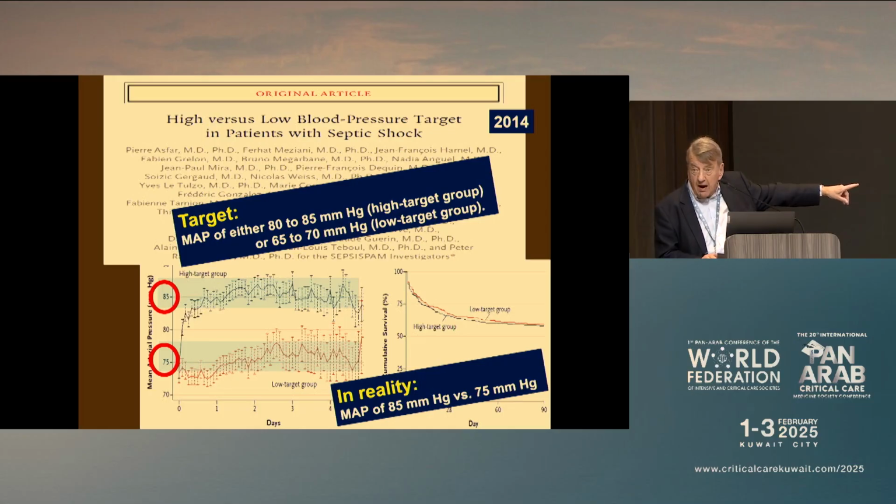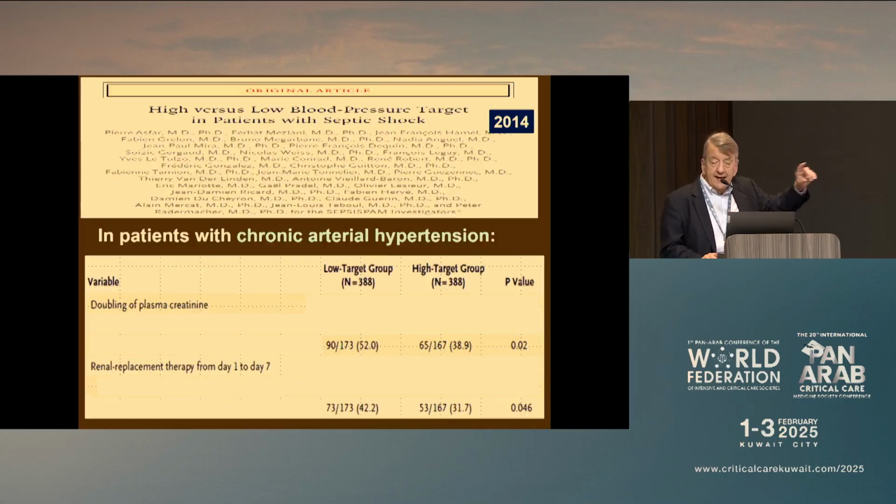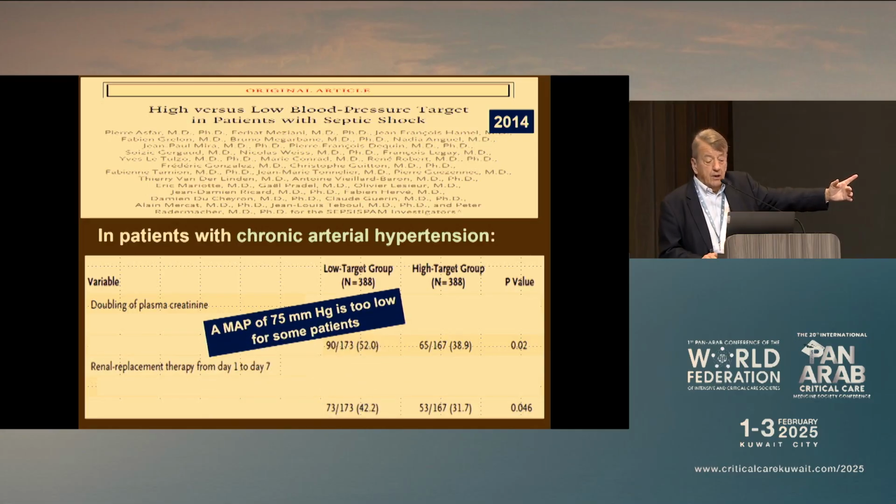You can see it on the graph, on the figure of the paper. And yet, when you look at the subset of patients with a history of hypertension, you can see that they needed to be in the higher target group. So a mean arterial pressure of 75 is too low for some patients.